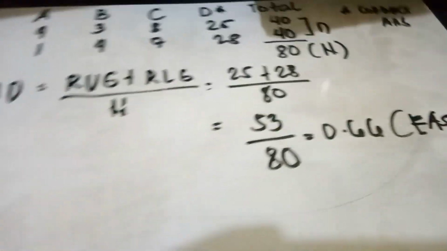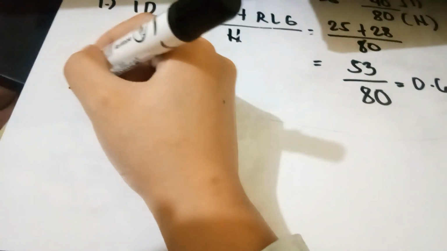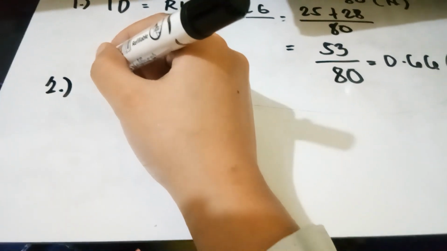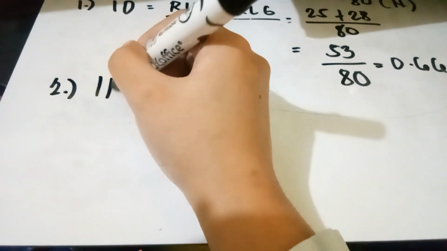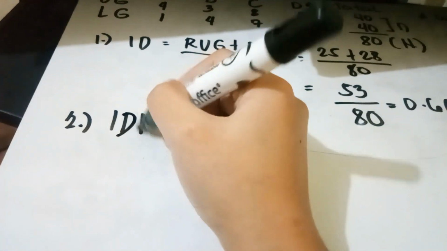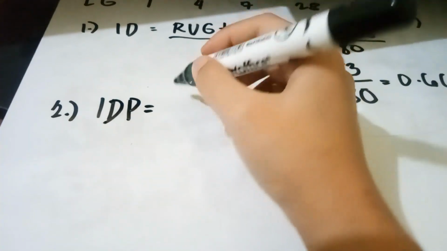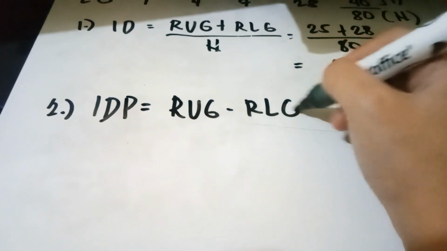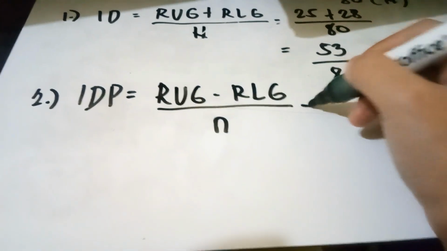Okay, number 2. After your difficulty, we have your index of discriminating power, IDP. The formula would be RUG minus RLG all over small letter n.